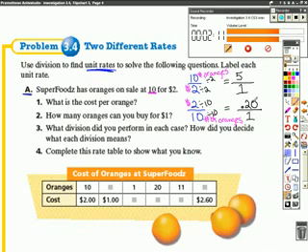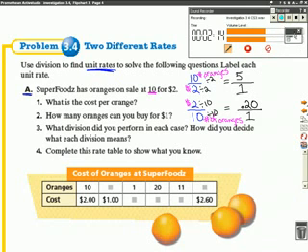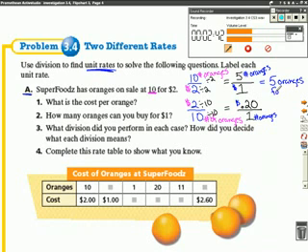Okay, so now we're back to where we need to be, but we need to first figure out what these numbers mean. So, if I continue with the labels, this should be number of oranges. This should be dollars. This one should be dollars. This one should be number of oranges. So another way to write this would be 5 oranges for $1.